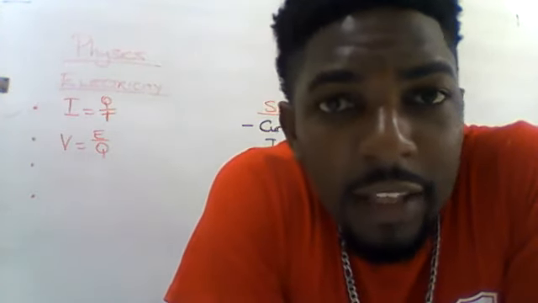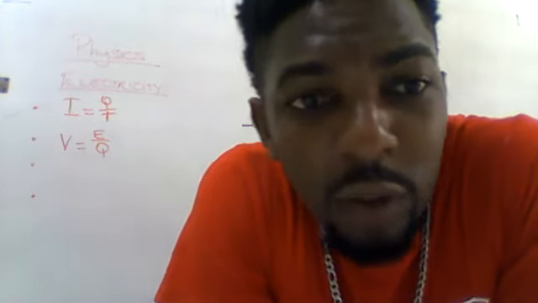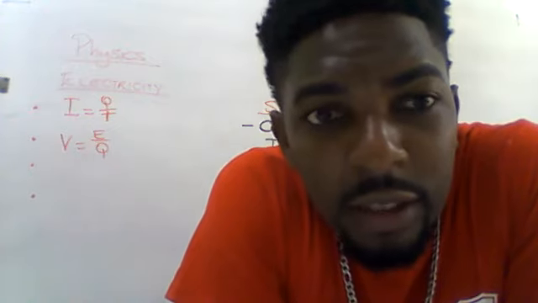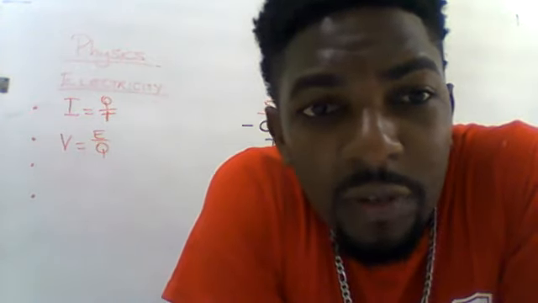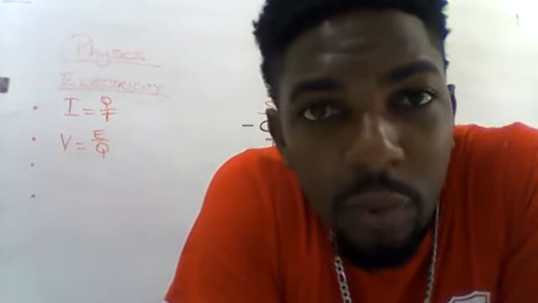And then we went on to look at the term known as voltage, also potential difference, which refers to the amount of energy needed to push this electric charge across a component, right?